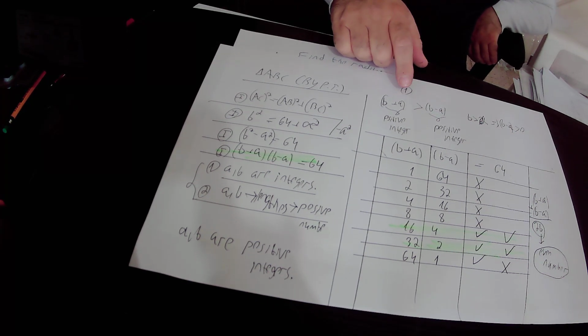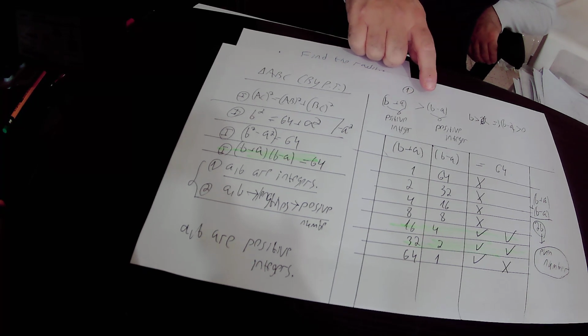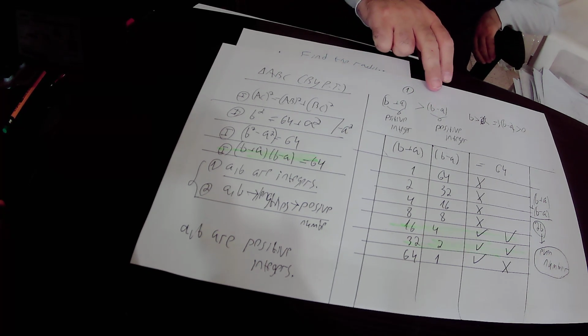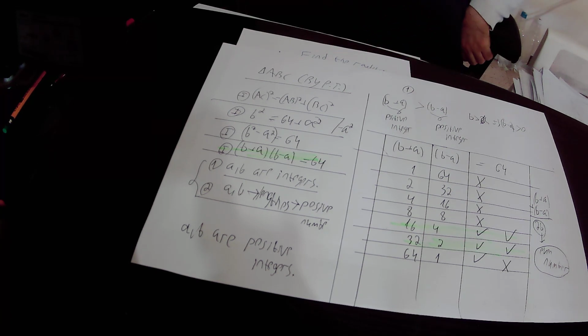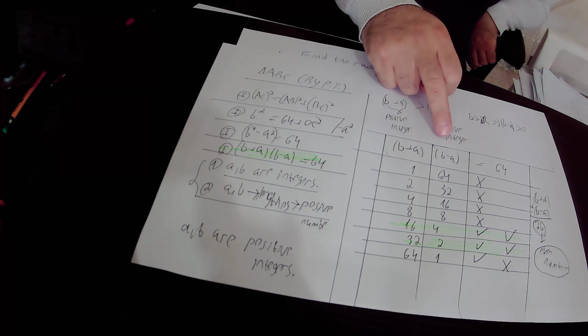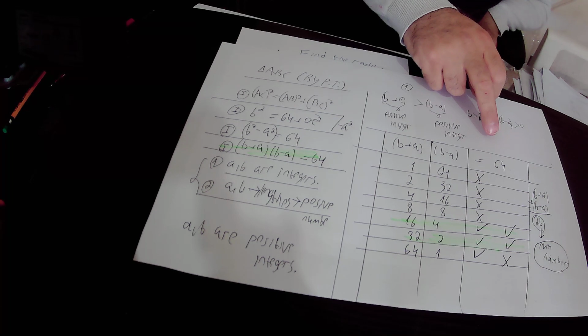So b plus a is a positive integer, and b minus a is also a positive integer, and we know that b plus a is greater than b minus a. That is one thing, but we can also say that when we multiply one positive integer, that is b plus a, by another positive integer, that is b minus a, the result must be 64.